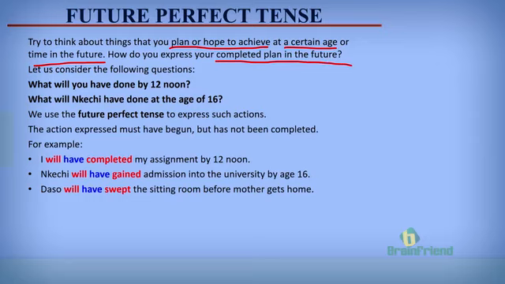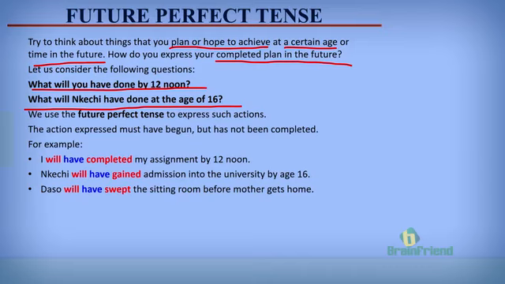Now let's ask ourselves some questions that we should answer. What will you have done by 12 noon? What will Nkechi have done at the age of 16? Now, if you answer these questions, you would realize that you would answer them in the future perfect tense.